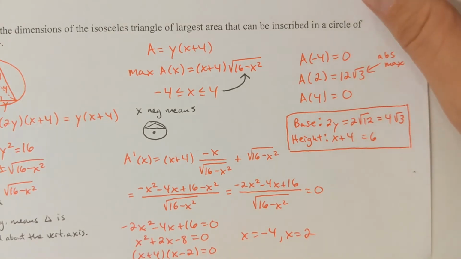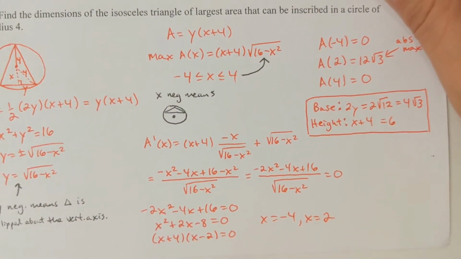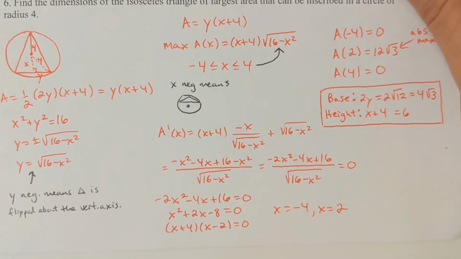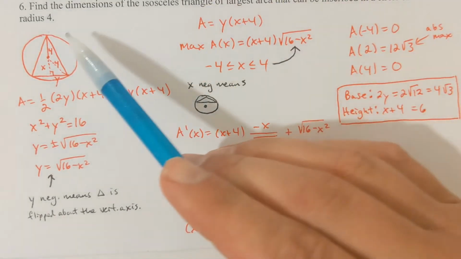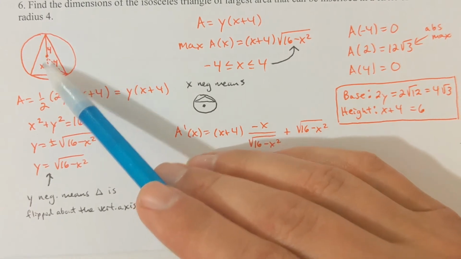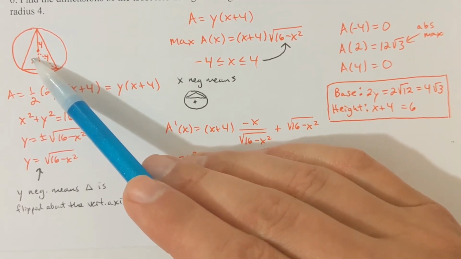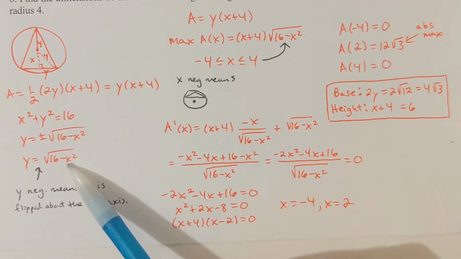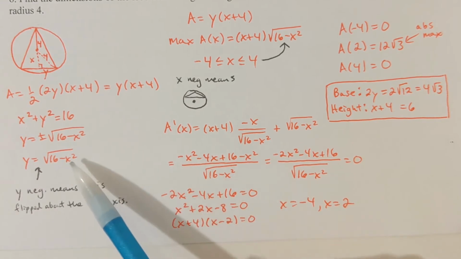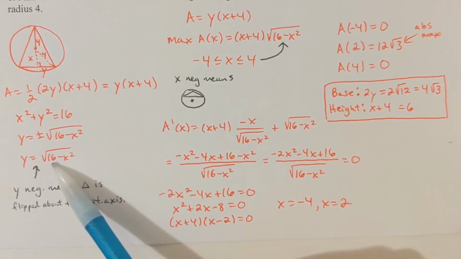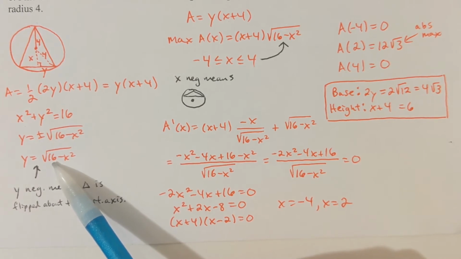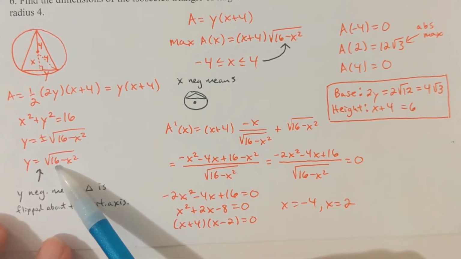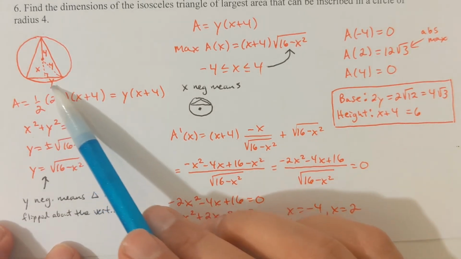Now we want to know the dimensions of the triangle, so if x is 2, then let's see, the height would be 4 plus 2 is 6. Okay, and then the base, if x is 2, 2 squared is 4, you're going to have root 12, but then 2y gives us the distance all the way across the base, right?